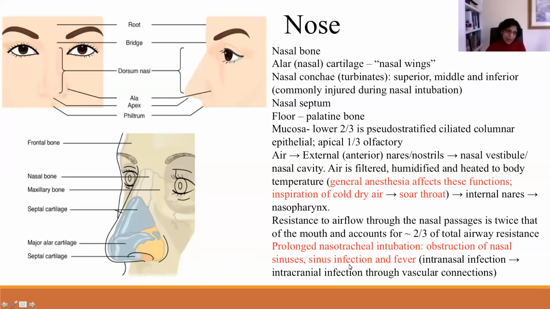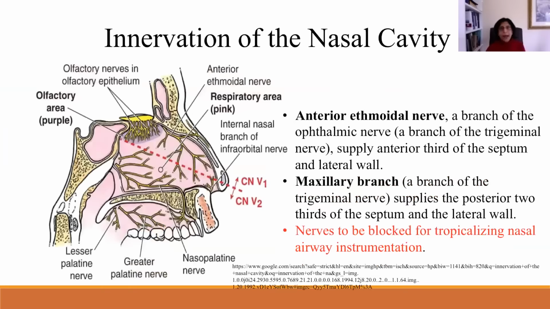And that could lead to sinus infection and fever. The other sad part about this is that because it is in close proximity to the cranium, you may have the sinus infection spread to intracranial infection through the blood vessel arrangements. All right, so just keep in mind that this could happen.